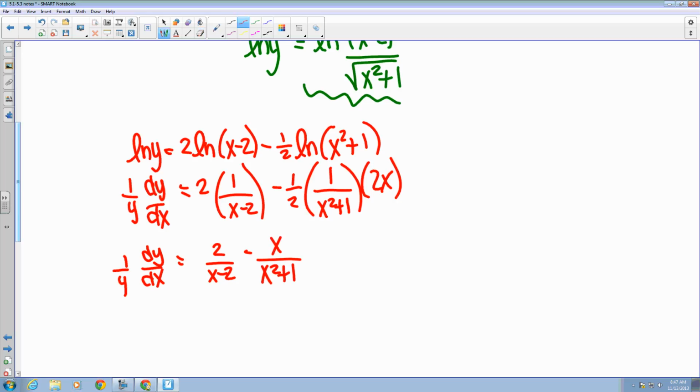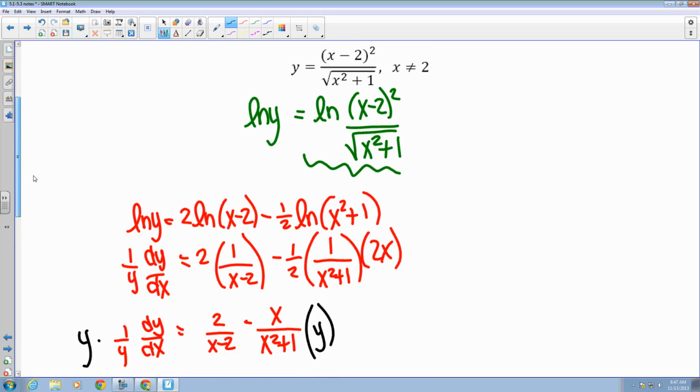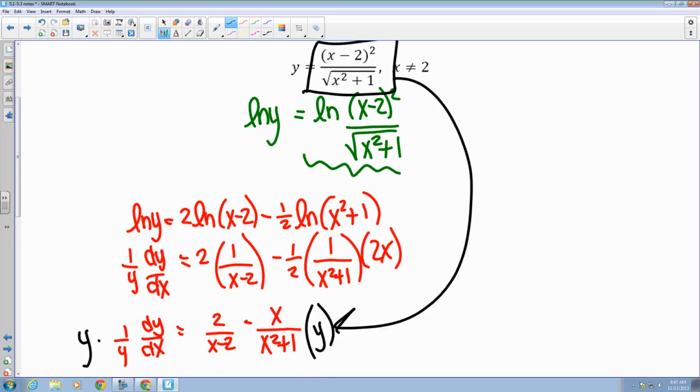And now, remember, we're trying to solve for dy dx. That's the whole point of taking the derivative, is finding dy dx. And we have 1 over y over there, which is in our way. So I'm going to multiply the whole thing by y. And what is y? Well, we don't want to have two variables, so this is y.